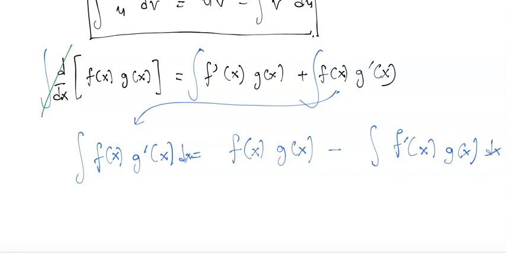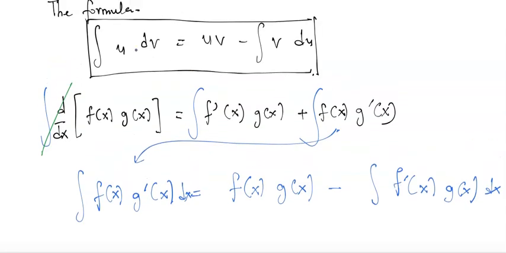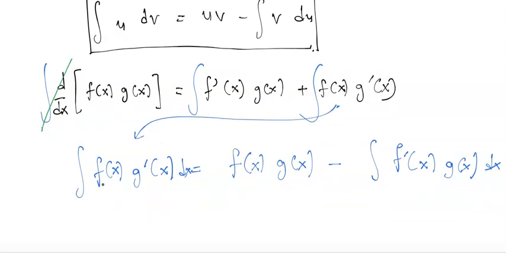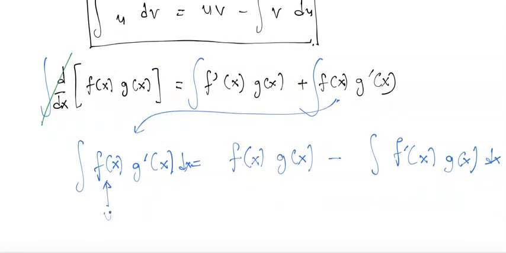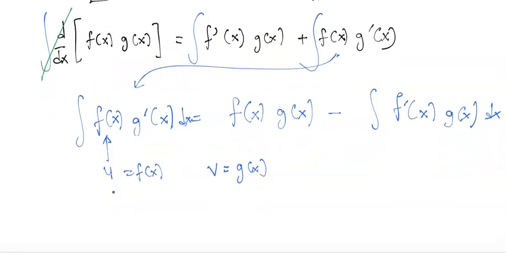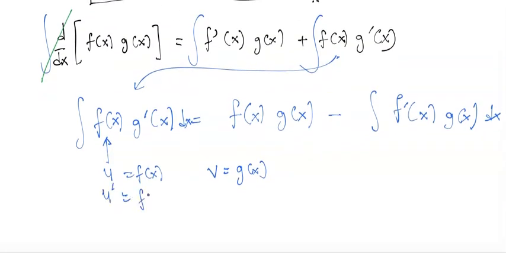Okay, let's compare with the u dv equation. Let's say we substitute f(x) as u and g(x) as v. So u prime is f'(x) and v prime is g'(x).